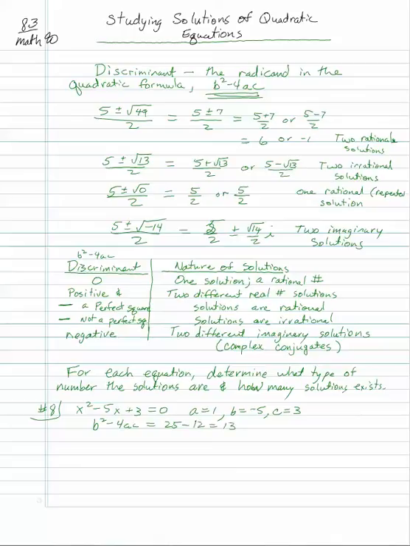This is not a perfect square. It's positive and not a perfect square. So that means you get two irrational solutions.